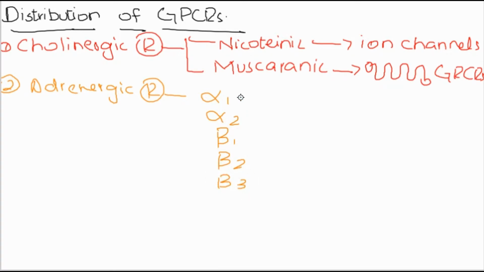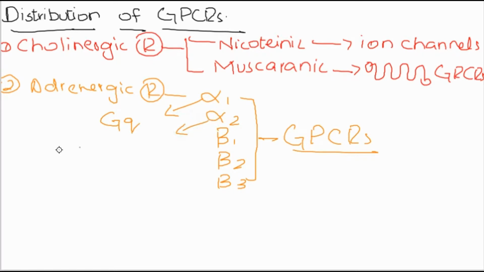All of them are G protein coupled receptors. The alpha 1 belong to the family Gq, alpha 2 belong to the family Gi, and beta 1, beta 2 and beta 3 belong to the family Gs.